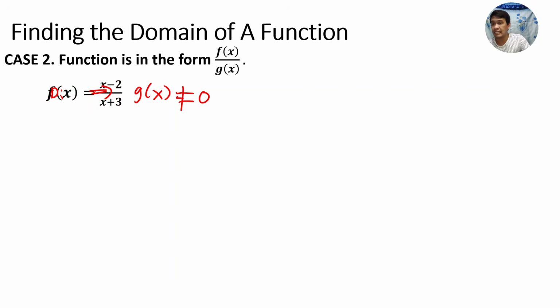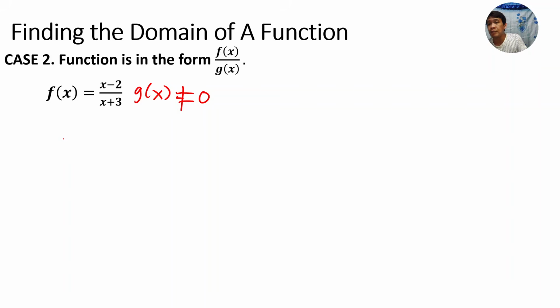Here's an example. f of x is x minus 2 over x plus 3. Again, to find the domain, the denominator should be kept not equal to 0, because if this happens to be 0, our function becomes undefined.